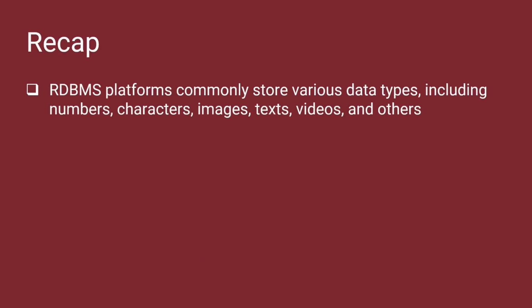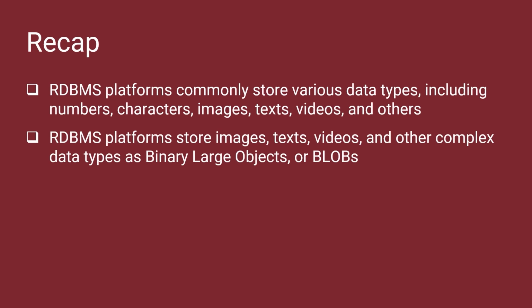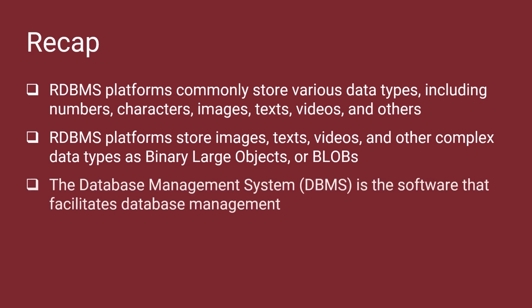In this video, you learned that RDBMS platforms commonly store various data types, including numbers, characters, images, texts, videos, and others. RDBMS platforms store images, text, videos, and other complex data types as binary large objects, or blobs. The Database Management System, DBMS, is the software that facilitates database management.